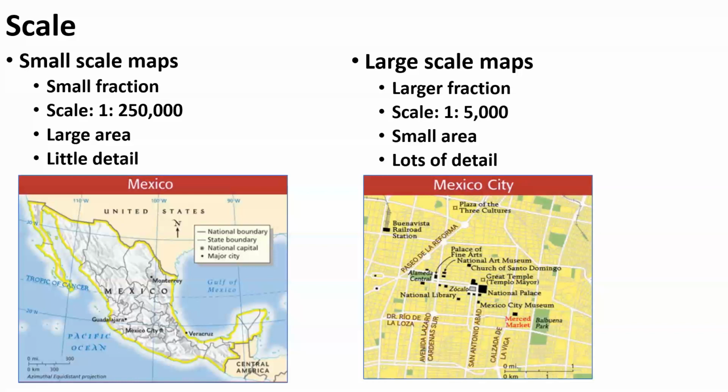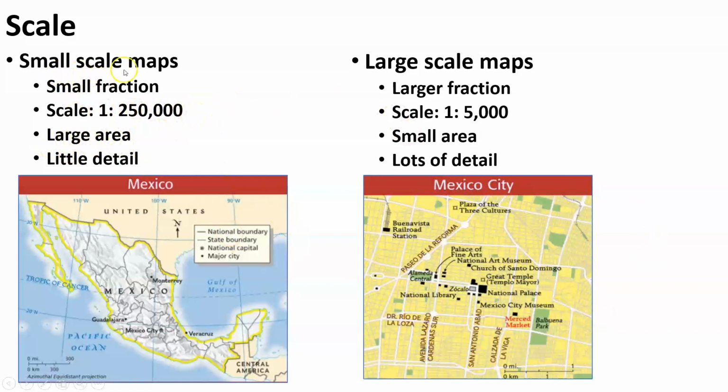Most likely this will be 1 to several million, because we're looking at the whole country of Mexico. But the fraction is smaller if we compare it to the fraction on the right, in which we are focusing on a neighborhood in Mexico City, and that is a scale of 1 to 5,000. Meaning that one unit on the map represents 250,000 feet or inches or meters in reality.